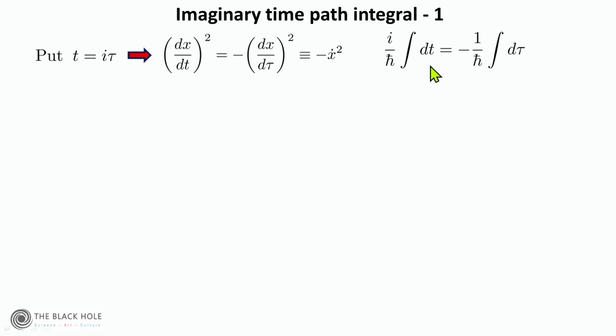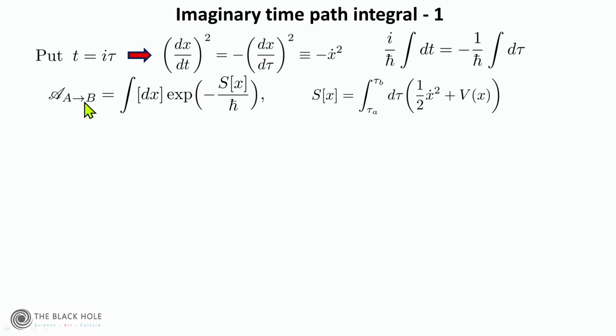Okay, in the integral that we have for the action, dt, well, if I put dt equal to i d tau from here, then i squared being minus 1, I get a minus over here, and this minus is going to be absolutely crucial.